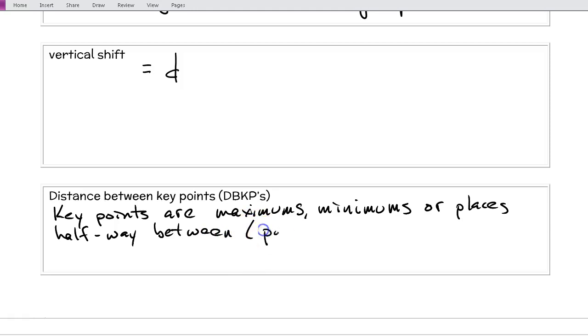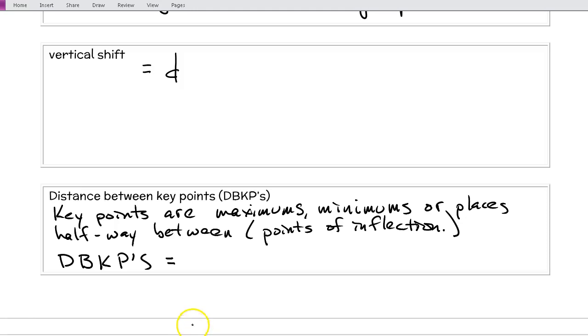And these are sometimes called points of inflection. Okay, and you'll learn about that more in calculus. All right, and I will usually abbreviate this as distance between key points, dBKPs. And again, this is important for us when we're graphing because it's going to help us find easy places to find coordinates to graph. So the way we calculate this is we take our period and divide it by 4.